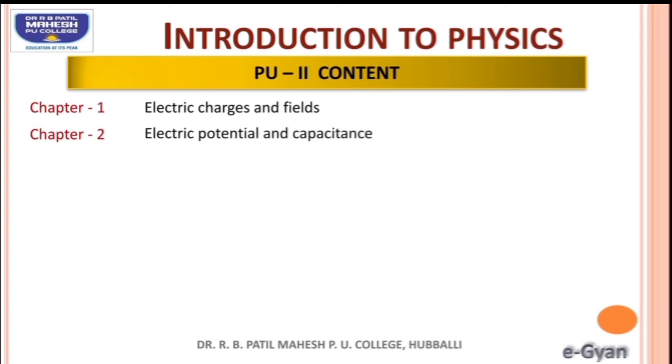Chapter 2, Electric Potential and Capacitance. In this chapter you will be studying about potentials and you will be studying about capacitors. Chapter 3, Current Electricity. We will be studying about electric current and different properties of electric current in this chapter.